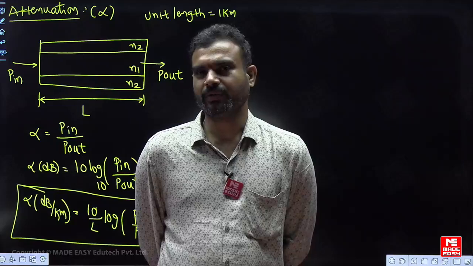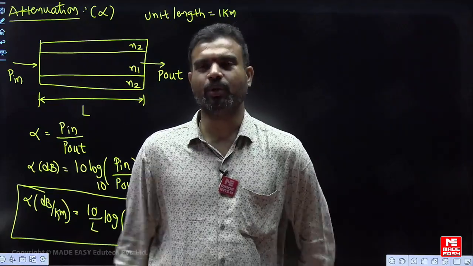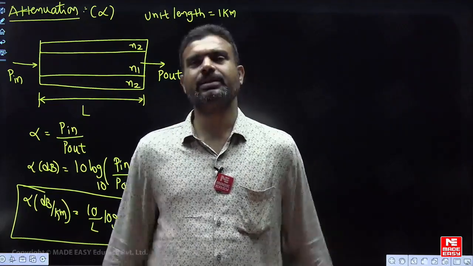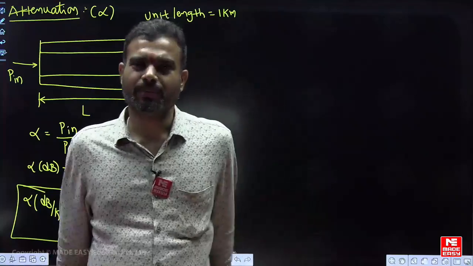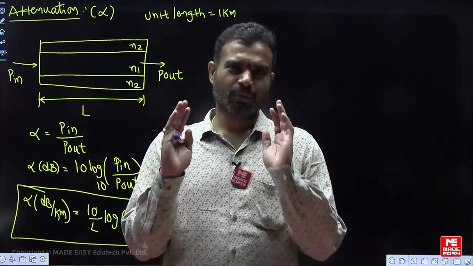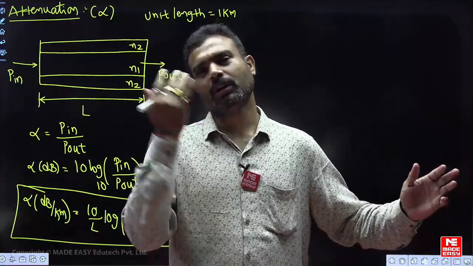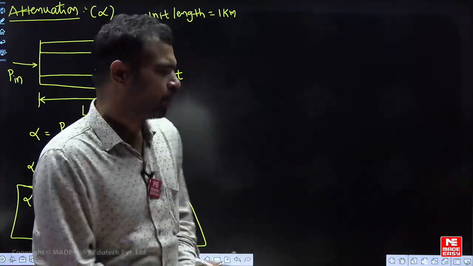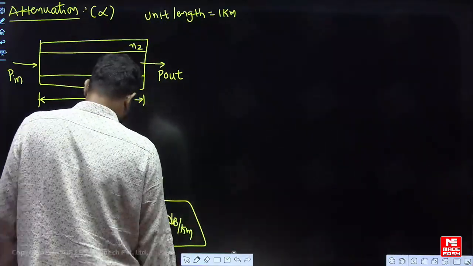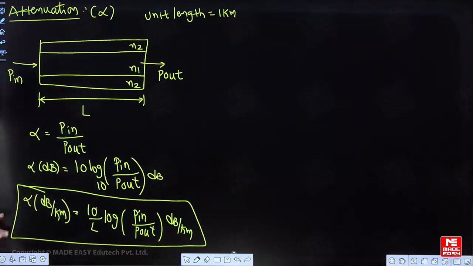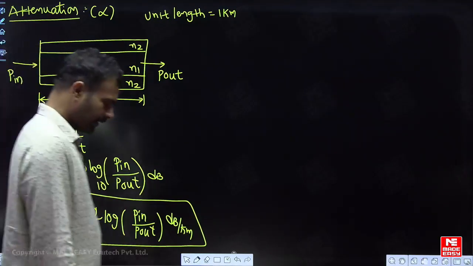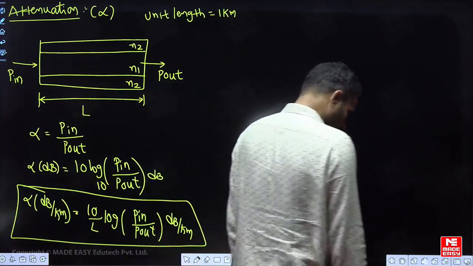Because of distributed parameters, we can define the characteristics for 1 kilometer, because the cable is uniform and has the same amount of attenuation throughout the length of the fiber. So attenuation is always defined for unit length, or per kilometer.